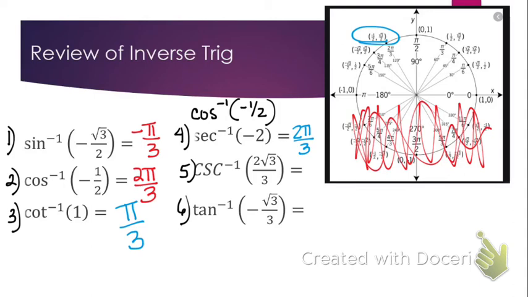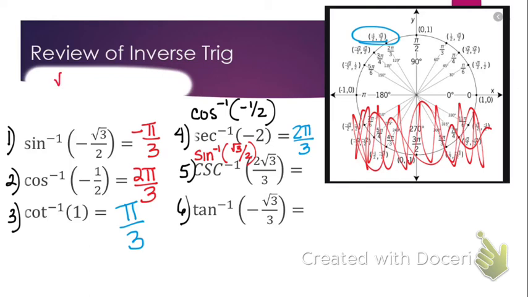For cosecant to be 2 root 3 over 3, what do you think the sine is for that to happen? If you take positive square root of 3 over 2 and you flip it, and then you rationalize it, let me write it at the top, hold on.